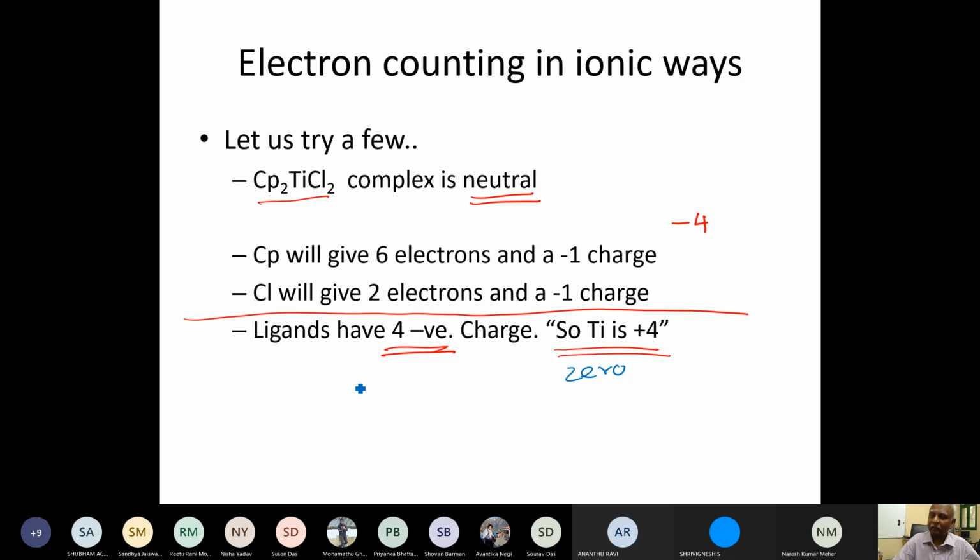The ligands are giving a total of 2 into 6 from the Cp, 12 electrons, and 2 into 2, 4 electrons, and we get a total of 16 valence electrons.